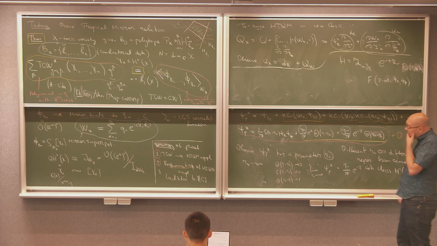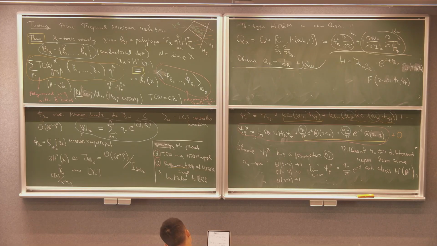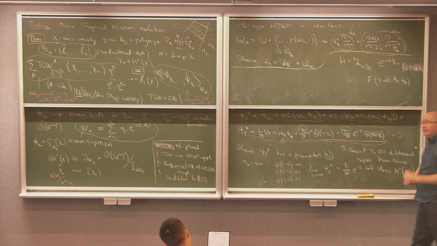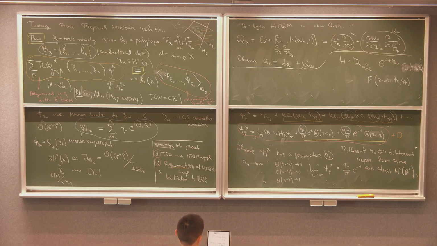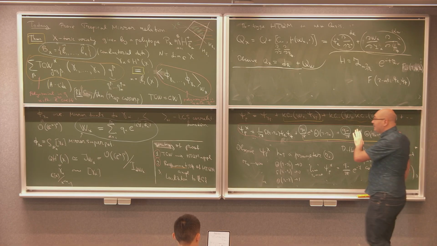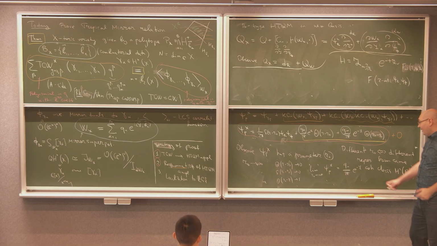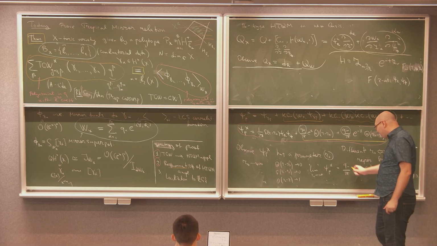So we observe an interesting fact: yes, we have this very complicated mirror state that depends on all four variables, on r, psi, phi, and y, but it has a parameter. And if we take this parameter to infinity, then we can get rid of r and psi, phi dependence and get only a function of y.